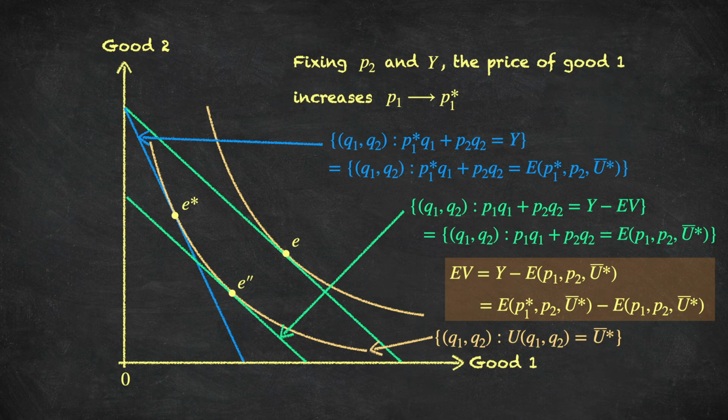Okay, so it looks very similar to compensating variation, except instead of a target level of utility, the original level of utility U bar, we're not trying to compensate the consumer to get them back on the original indifference curve. We're trying to see what income reduction is equivalent to the price increase that reduced their utility level down to U bar star. So we use U bar star when calculating equivalent variation, the utility that's achievable after the price change.